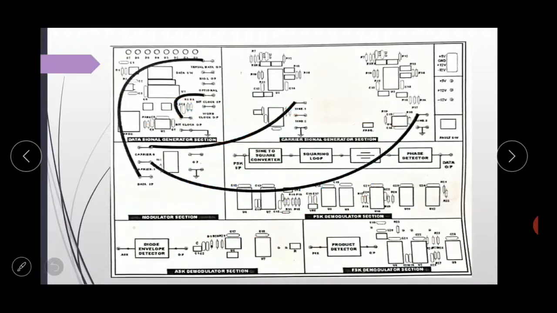So this is the connection diagram of the FSK modulator. Here the data input is given and two carrier signals are given from here. In the FSK modulation technique, the modulated output shifts between two frequencies for all 1 to 0 transitions.